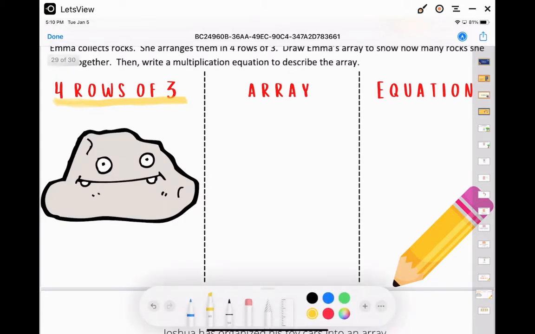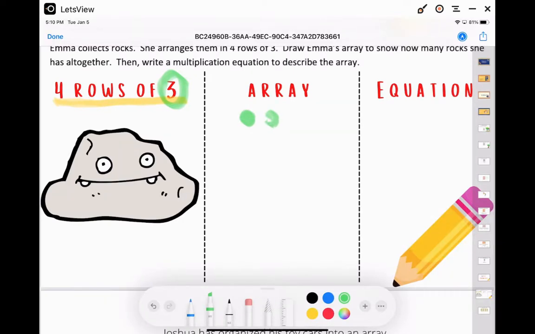Let's draw an array that models 4 rows of 3. Well, the first thing that we need to remember is that the number 3 tells us how many items are in each row. So we know that our array is going to have 3 rocks in each row.